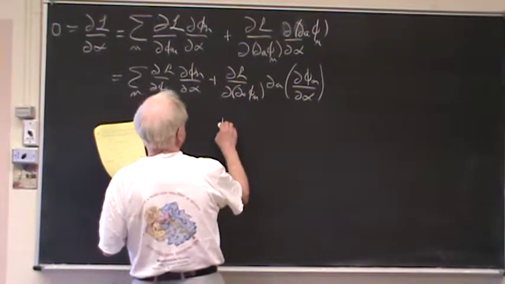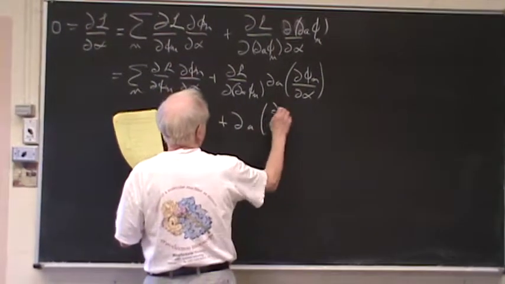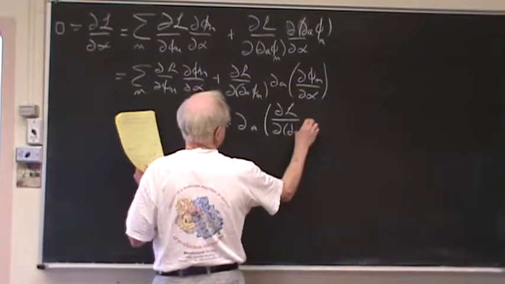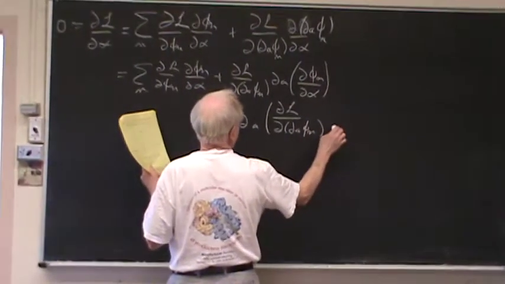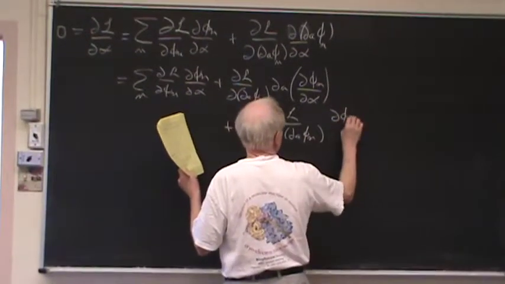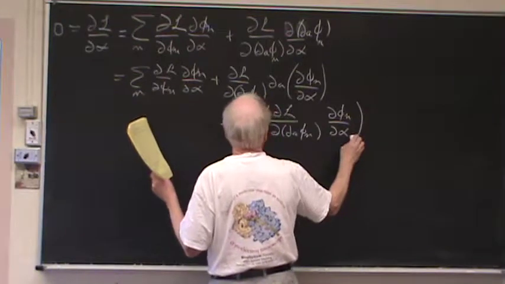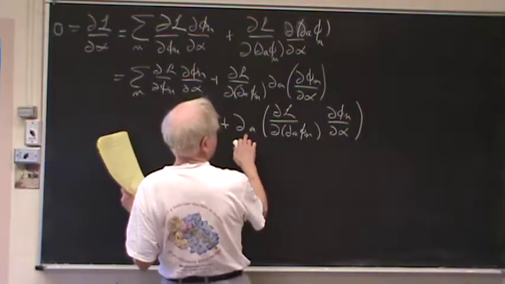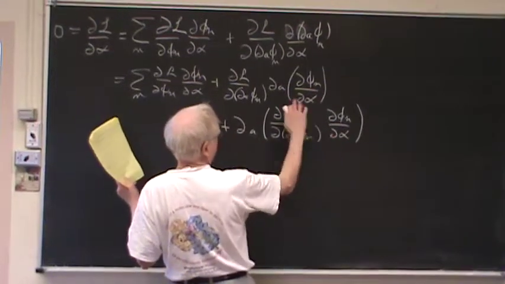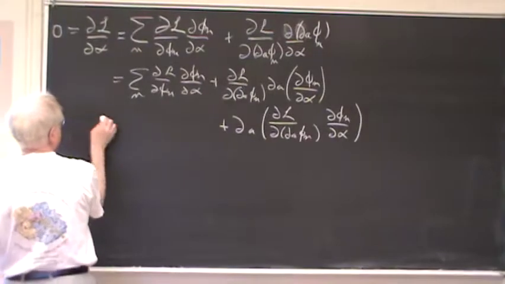I'm going to write this as dA of partial L, partial dA phi n times this thing, partial phi n, partial alpha. But now this derivative here, when it acts on both of them, so when it acts on the second one, we get this term, but when it acts on this one, we get a mistake, unless we subtract it.